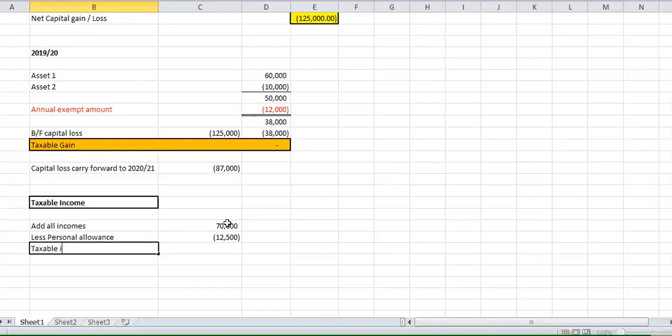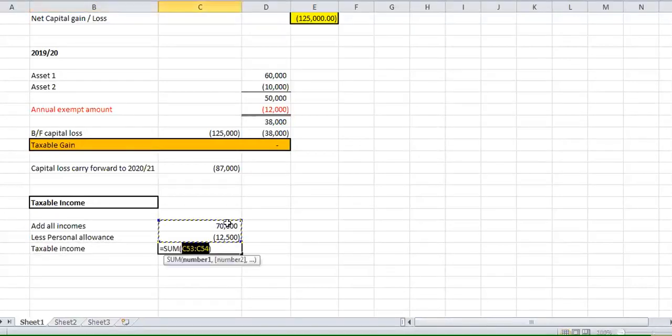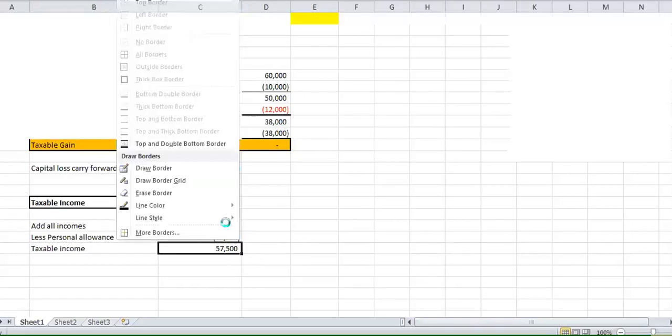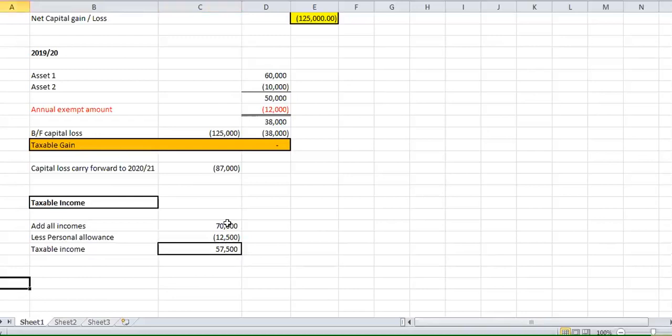The treatment is very simple. So we have taxable income of £57,500.